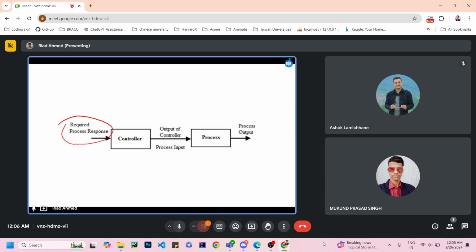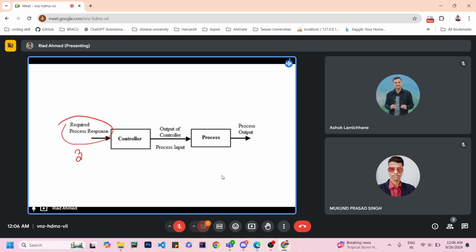So if you set some specific velocity, the controller will try to create a corresponding voltage which will match your required value. Let's say you have set 3 radian per second as your required value, and the controller will try to generate a certain amount of voltage that will create exactly the rotation that you set for your controller.